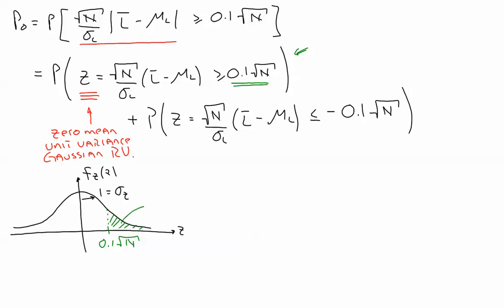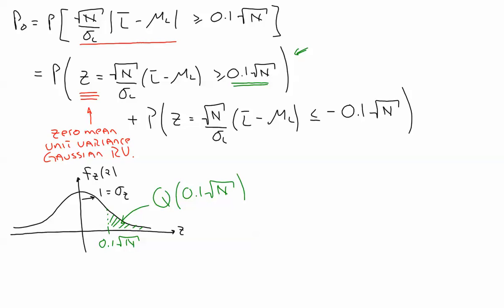Integration of the upper tail for a zero mean unit variance Gaussian is simply the Q function. That's what that is.